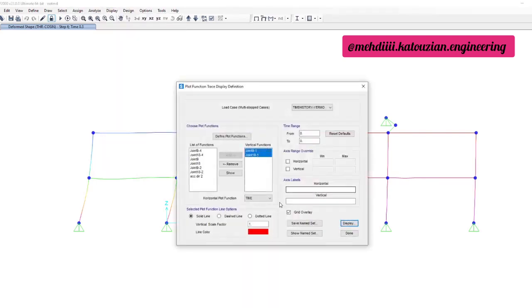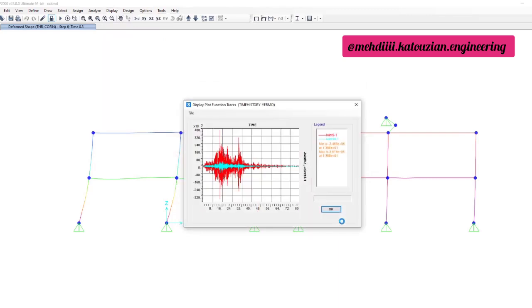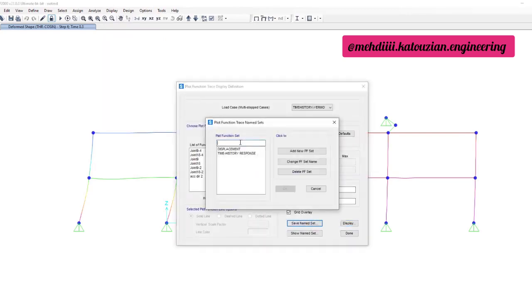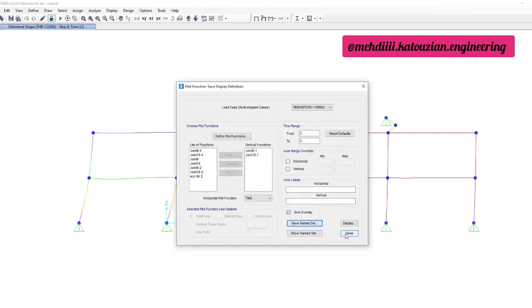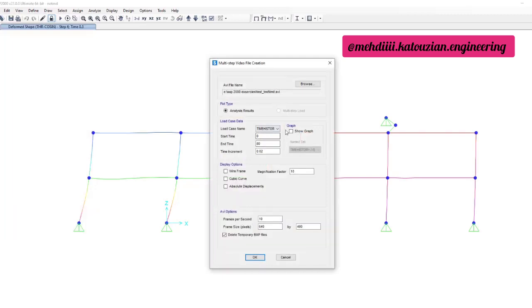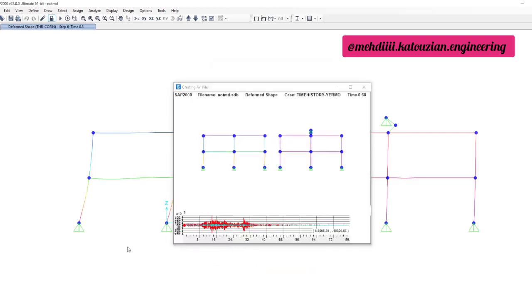I'm going to plot here. Yes, I'm going to save this plot as time history, and add a new plot. Okay, we go again to create a video, and this time we choose time history.